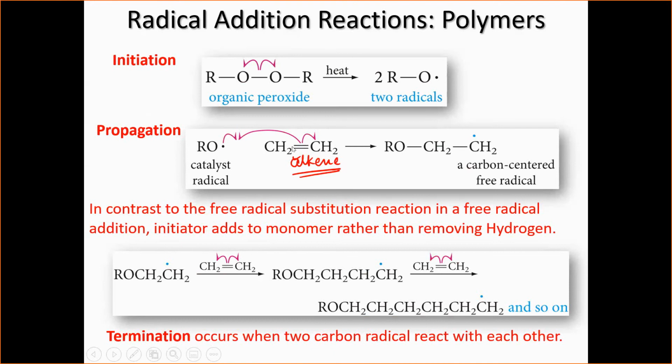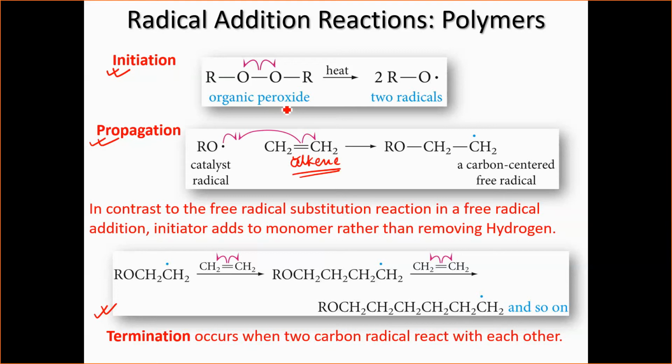This ethylene undergoes a radical reaction. In the radical reaction, generally there are three steps which we already studied: initiation, propagation, and termination. Remember the halogenation reaction of the alkene, at the end of chapter 2, where we studied the radical reaction.